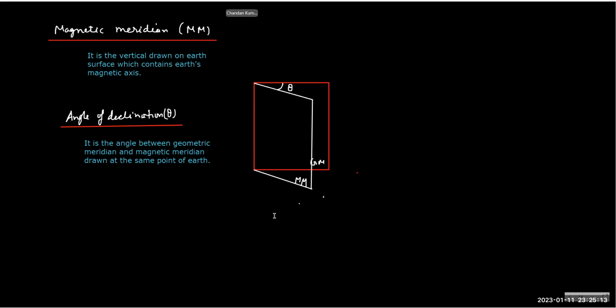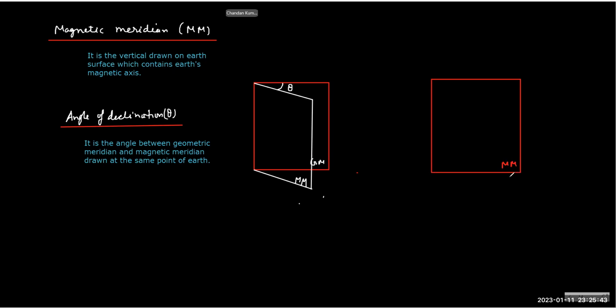Now, what you need to understand are certain things. The Earth's magnetic field will be part of which plane? Geometric plane or magnetic plane? Tell me. Magnetic plane. So always remember that the Earth's magnetic field is always part of the magnetic meridian. So whenever you want to draw the BH or BV, hypothetically assume this as MM.